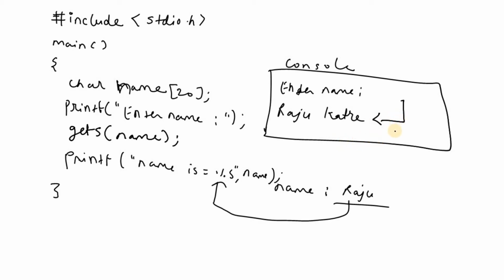For example, with the scanf function, we can provide a space to distinguish between the input values. But with gets, a space is not required. Whether it's a sentence, a paragraph or a page, until you press the enter key, it will keep on reading.